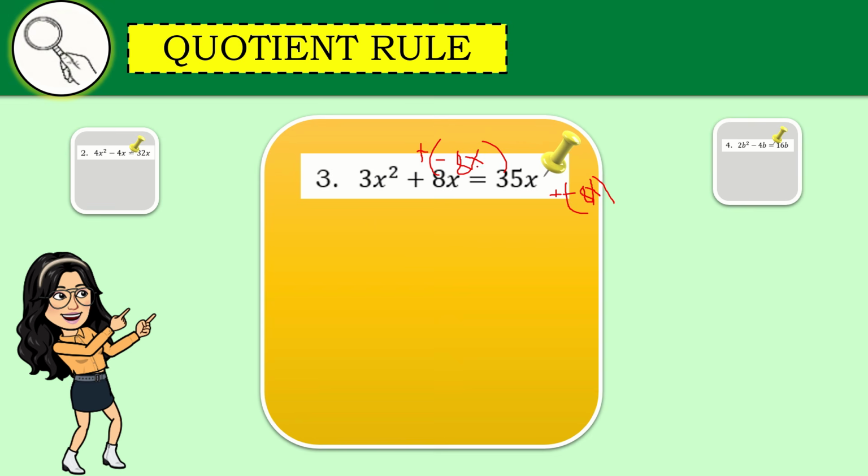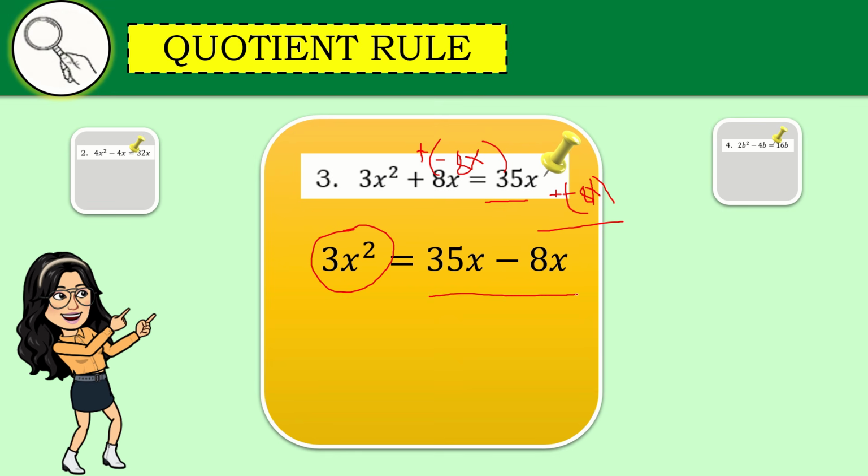So we added negative 8x to the left side, and same with the other side. That's why we come up with this. Negative 8x plus 8x will give you a 0, so you're left with 3x squared. And on the right side, you still have 35x and negative 8x. That's why you have this on the right side. Is that clear? Allow me to erase to clean up our screen.